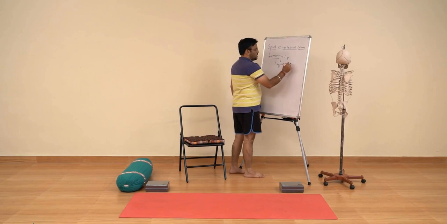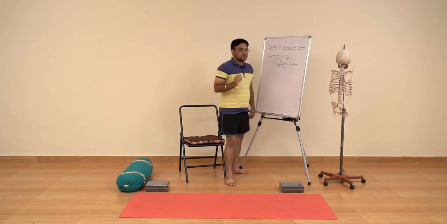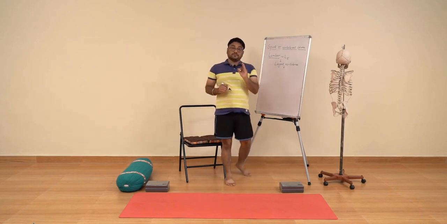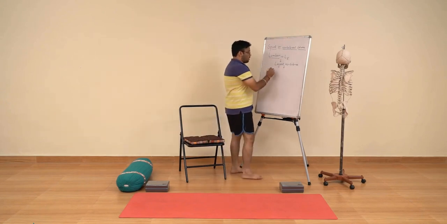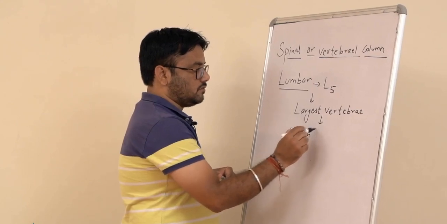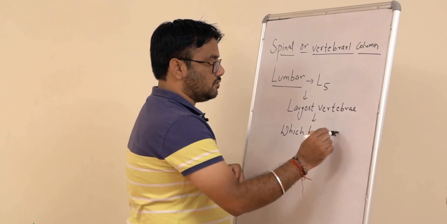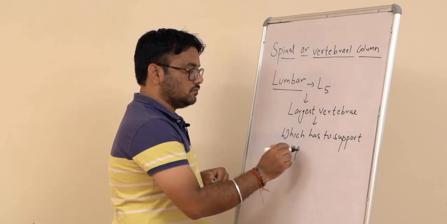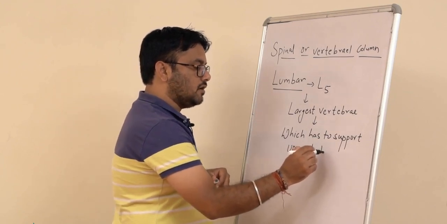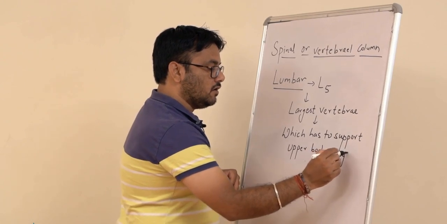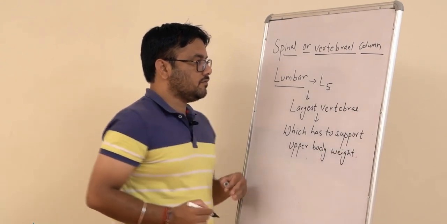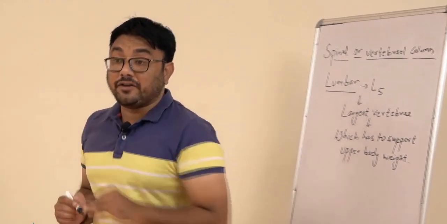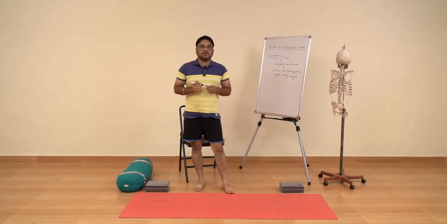The smallest one is your cervical spine and the largest one is your lumbar spine, L5, which has to support the upper body weight.